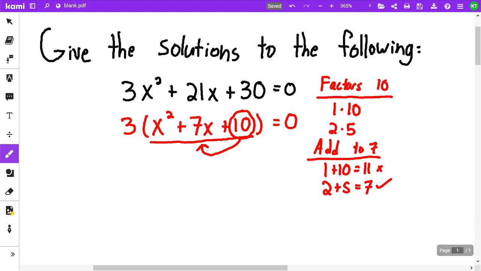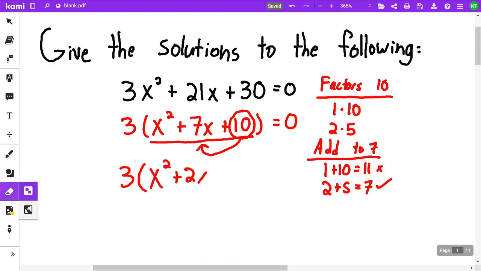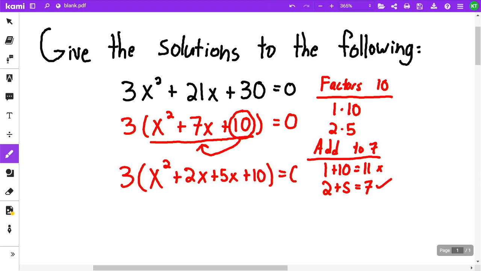So now we're going to have 3 times x squared plus 2x plus 5x plus 10 is equal to 0.